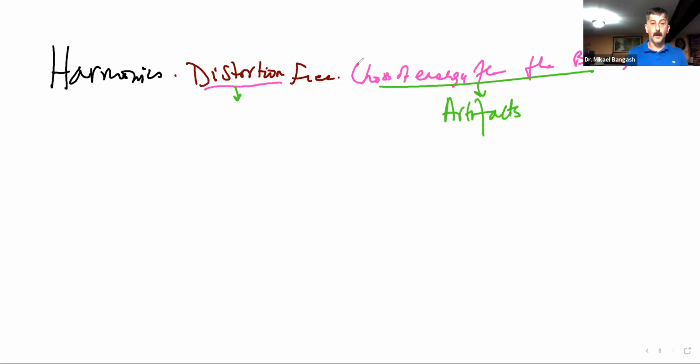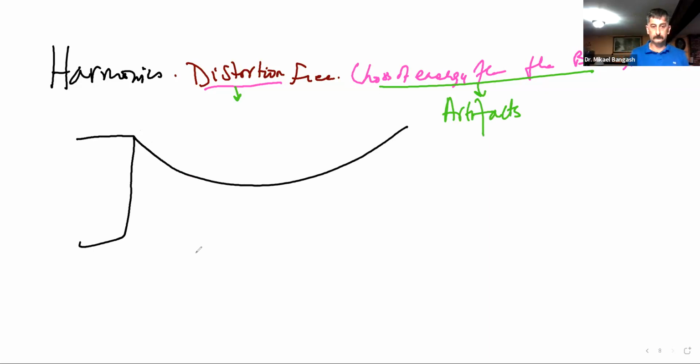Now let's look at a beam. This was a beam, right?